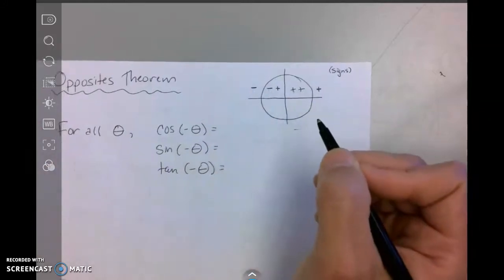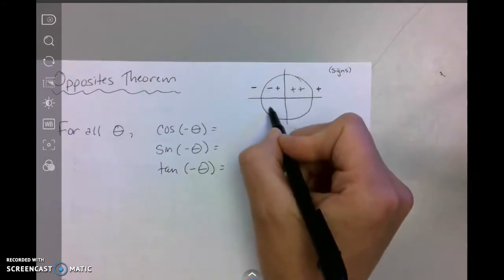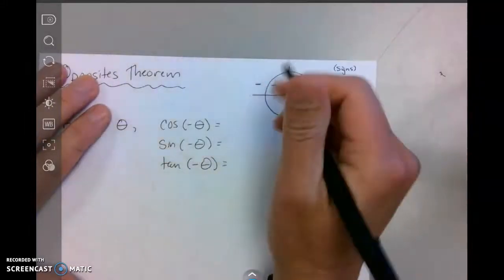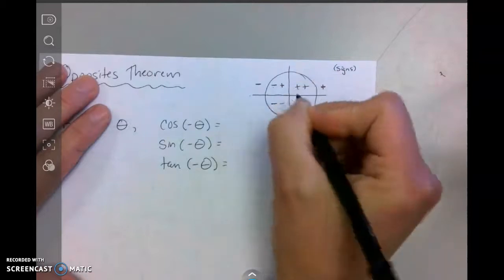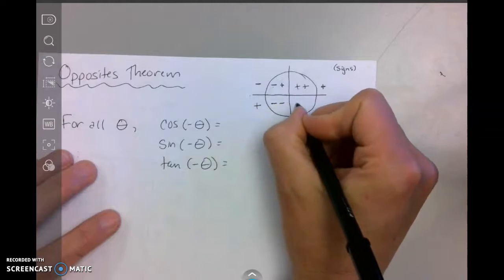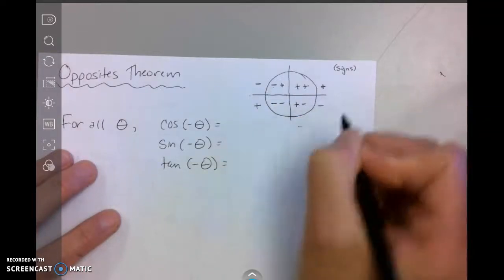That represents my tangent. This quadrant, the x is positive. I'm sorry, it's not positive, it's negative, sorry. The x is negative. The y is negative. When you divide, you get positive. Here, the x is positive. The y is negative. When you divide, you get a negative.